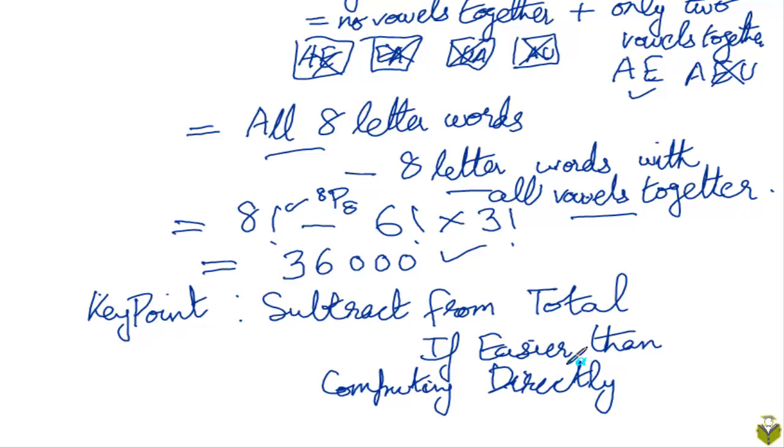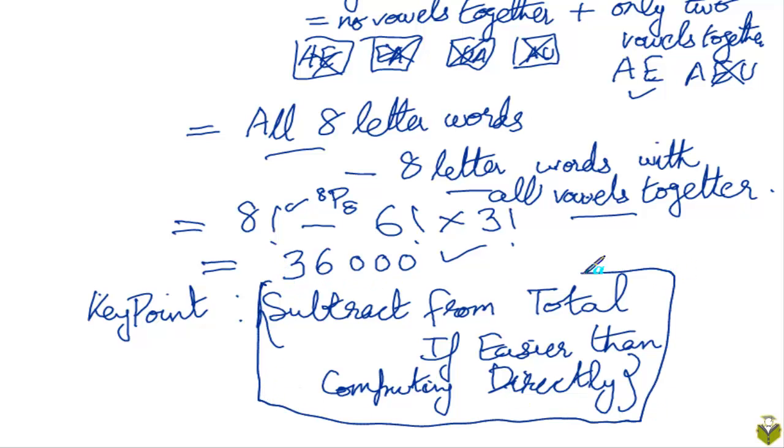You can always try to use it whenever it's possible. Here also, this is the total of all 8-letter words, and I'm subtracting the 8-letter words with all vowels together, which is easier to compute than computing the problem directly. So this is very important if you remember it. I'm again highlighting it: subtract from total if easier than computing directly.